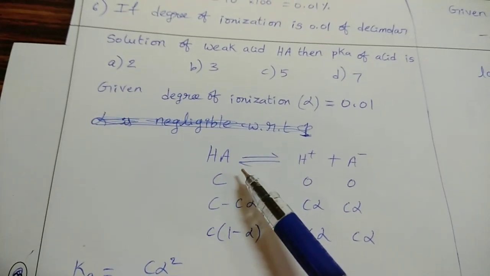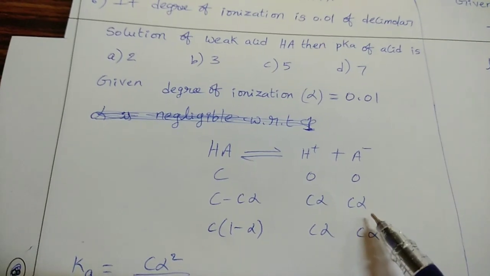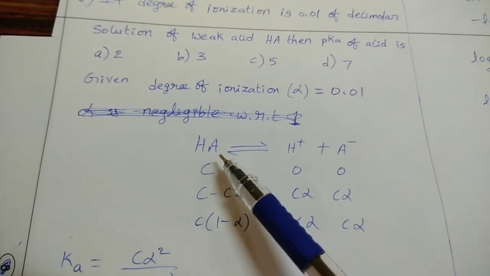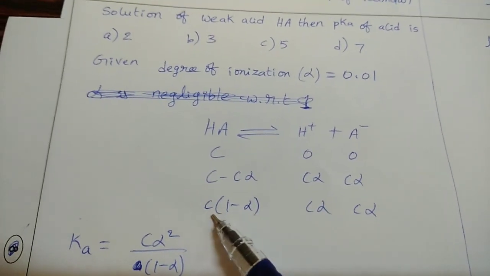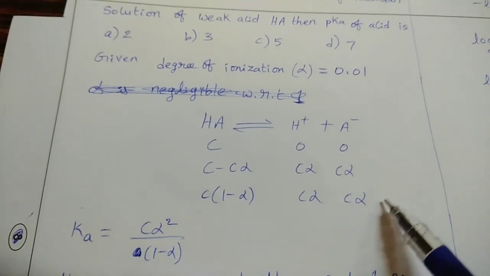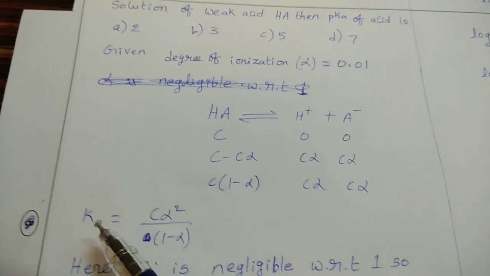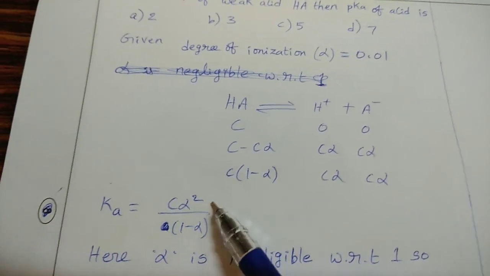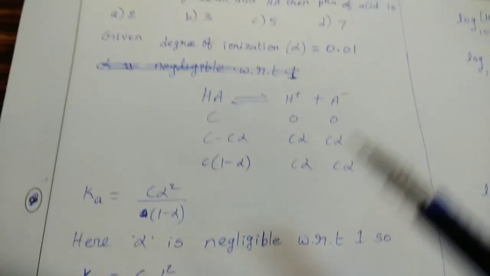From this C alpha concentration is changed to product. So for this C alpha, the same concentration is decreased from the weak acid. So finally at equilibrium we get concentrations C into 1 minus alpha, C alpha, C alpha.